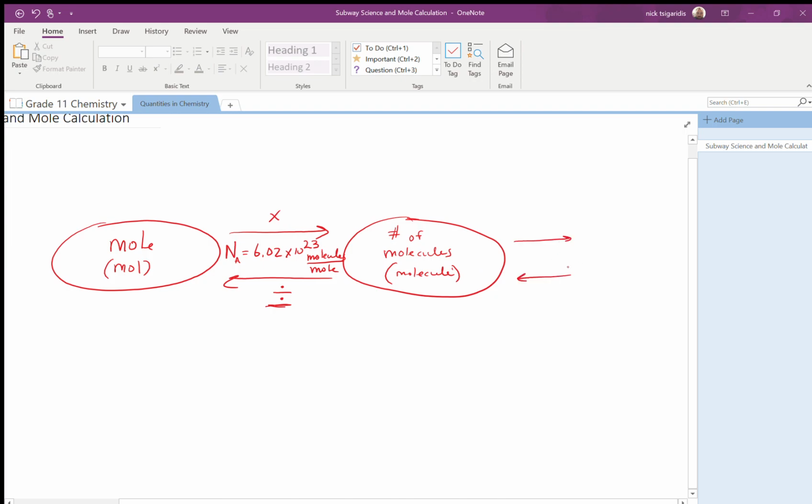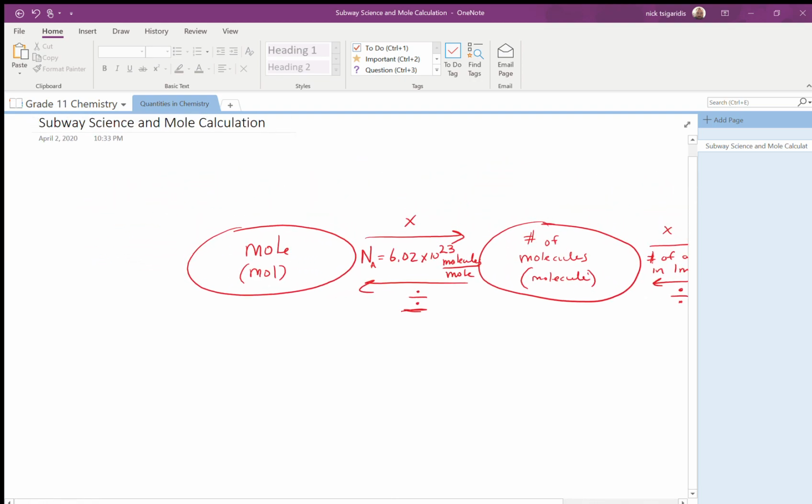So if I wanted to go to number of atoms, which of course will give us the unit atoms, then what I need to do is multiply the number of molecules I have by the number of atoms in one molecule. And we'll do some examples of these a little bit later. And of course, if I want to go in the opposite direction, I need to divide these numbers.